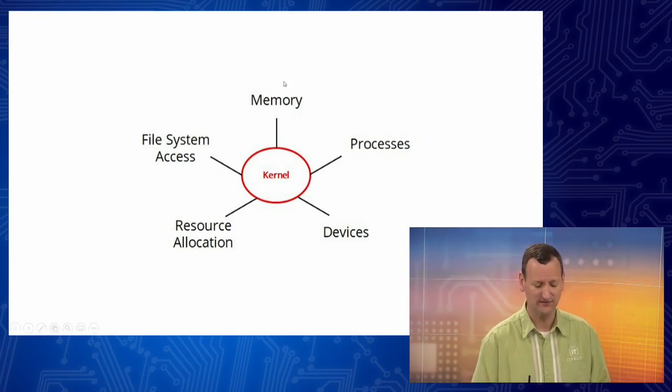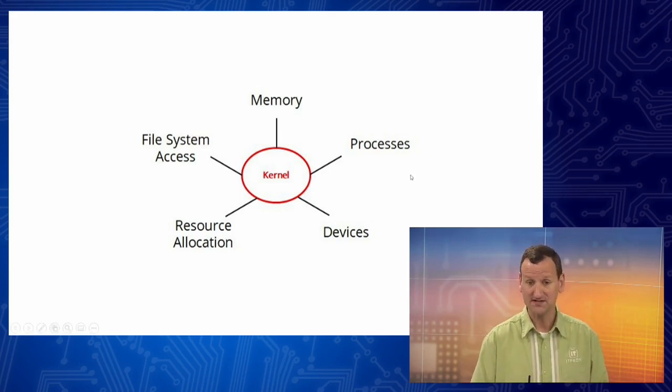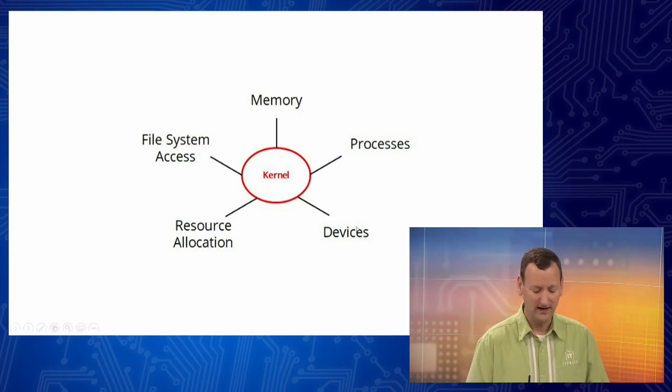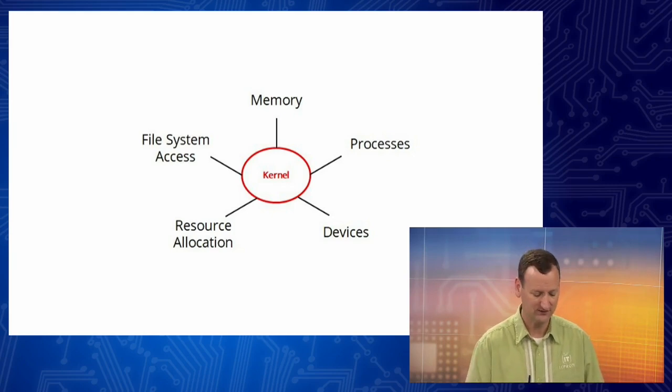And that usually involves reaching out and talking to memory, either writing something to memory or getting something from memory; processes, spawning another application or interacting with an application that's already running; devices, interacting with hardware, sending a print job to a printer, putting a 3D graphic on a monitor, receiving keystrokes from a keyboard. It could be input or output. They all end up passing through.